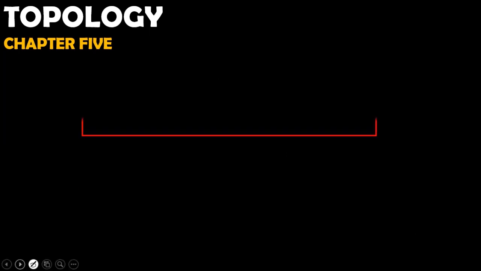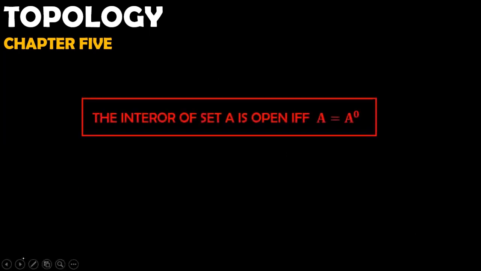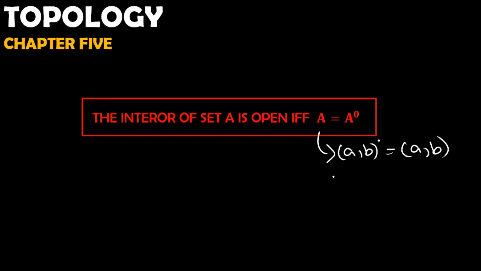So our next theorem is: the interior of a set A is open if and only if A is equal to A interior. In the first slide, I have written that the interior of the open interval (a, b) is the open interval (a, b). And I have also written that the interior of the rational number line is the rational numbers itself.